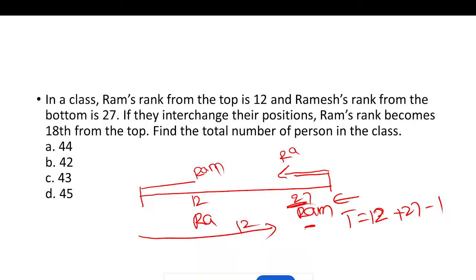Ram's rank becomes 18 from the top, so 18 plus 27 minus 1, which is 44.